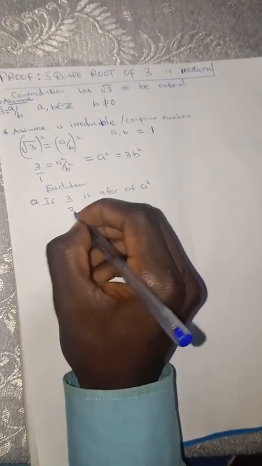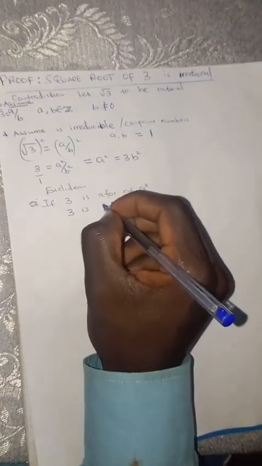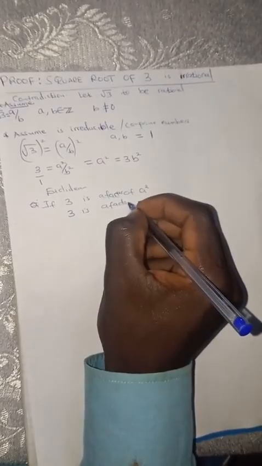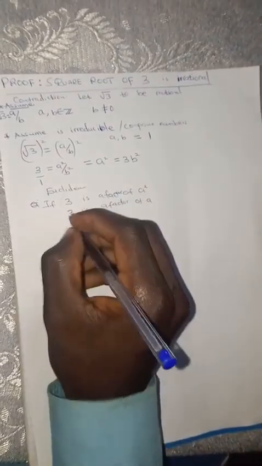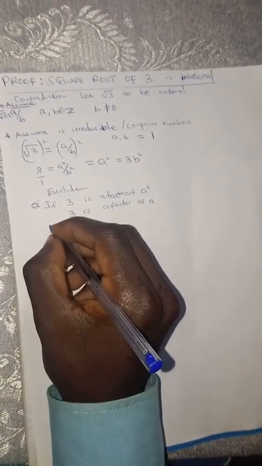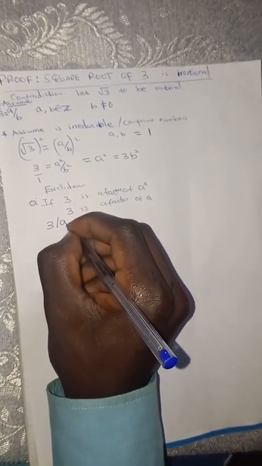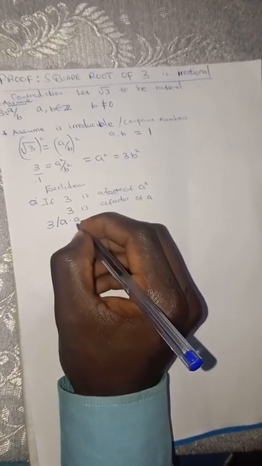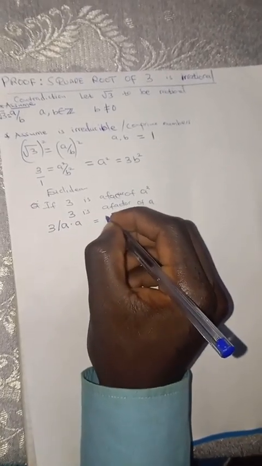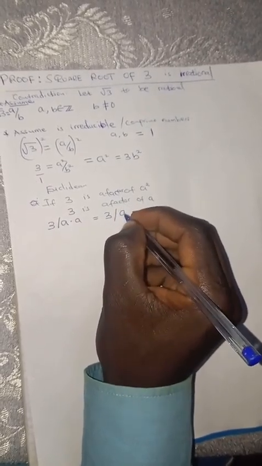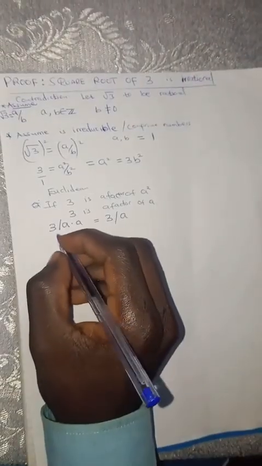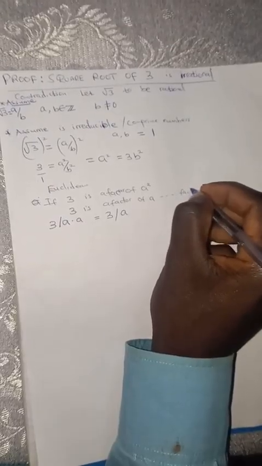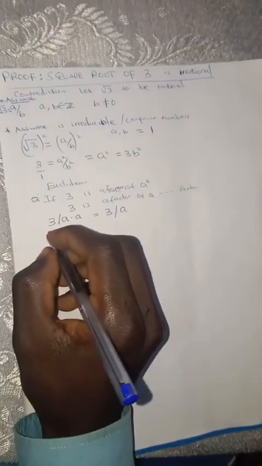It means that 3 is also a factor of a, because by Euclidean rule, if a prime number 3 divides a product a times a, it means that 3 divides a also. Now we have found that indeed 3 is a factor of a.